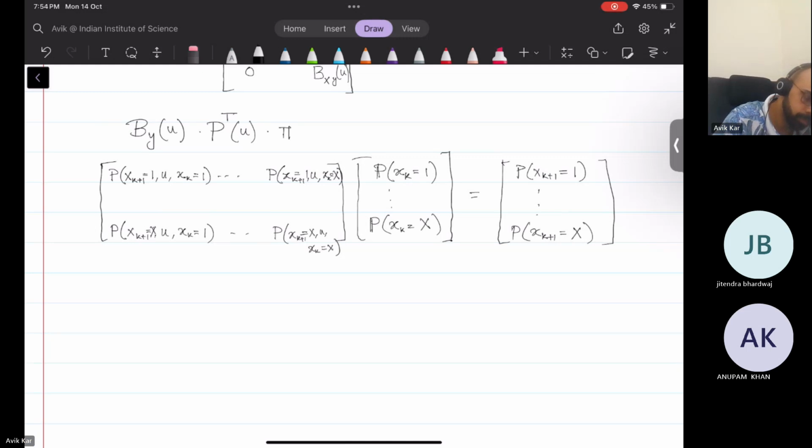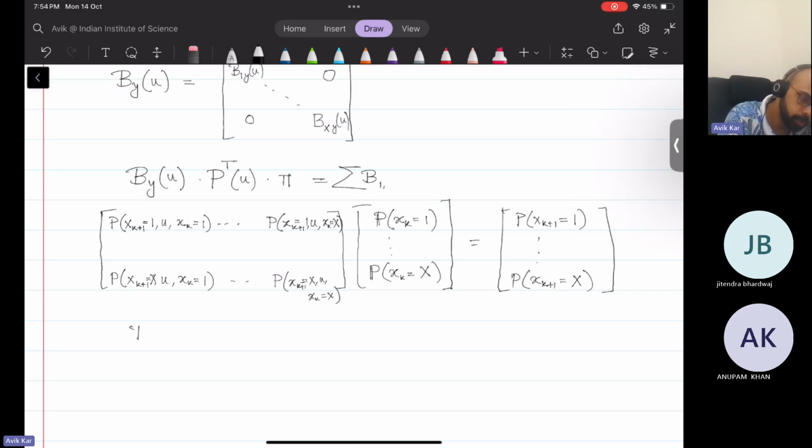Okay, now this multiplication. So the entire thing gives us the summation of probability that Y_{k+1} equals Y given X_{k+1} equals i, A_k equals U_k equals U, times probability that X_{k+1} equals i given information till time k.